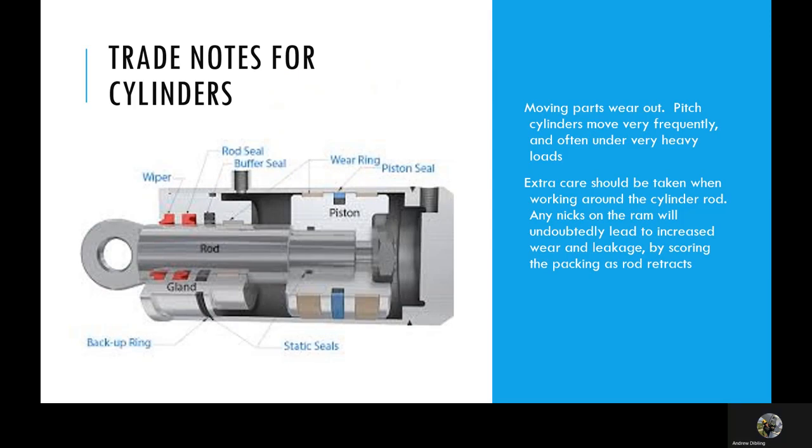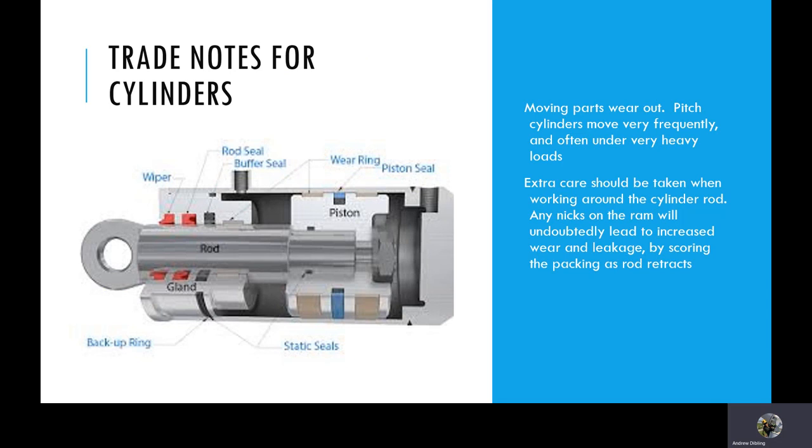So here's a couple of things to think of when you're taking cylinders apart and putting them back together. And that's something that a maintenance mechanic in a facility will do quite often, or you will need to diagnose if there's any problems. Moving parts wear out.